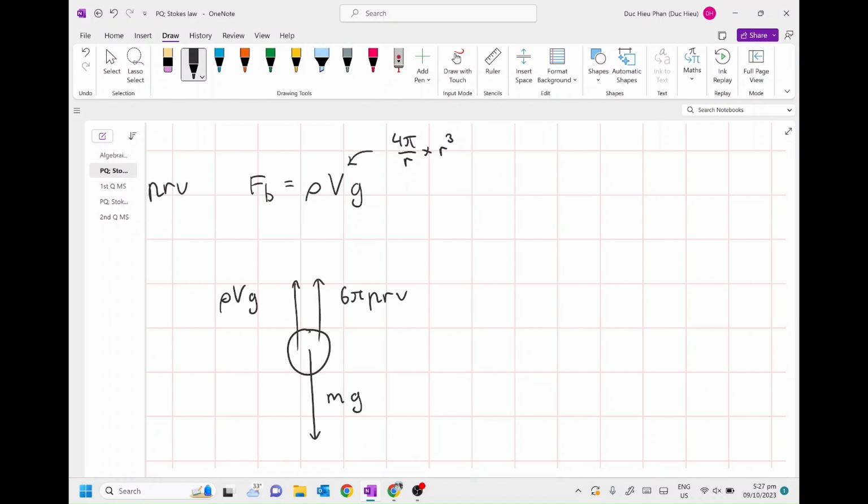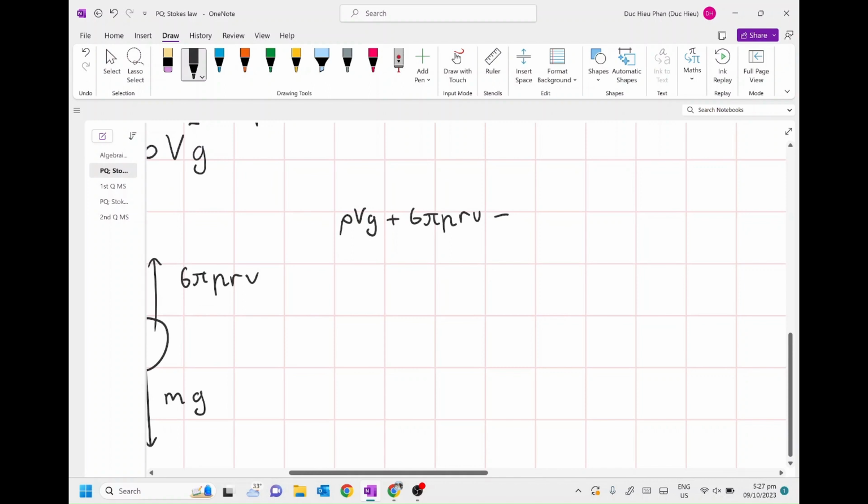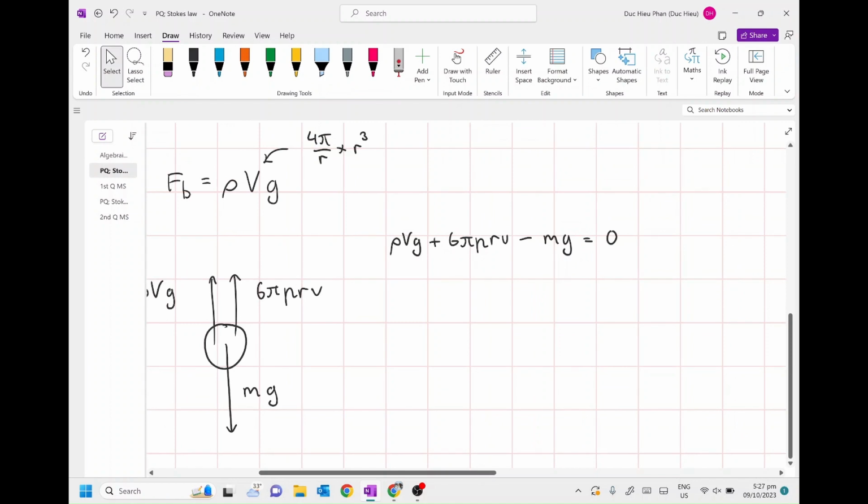Let's say that all the forces going up are positive and the forces going down are negative. This means that the buoyancy force plus the viscous drag force minus the weight is equal to 0, as there's a 0 net force.